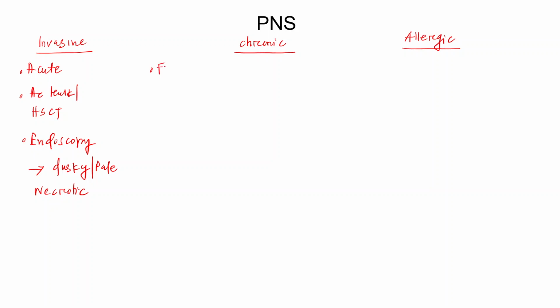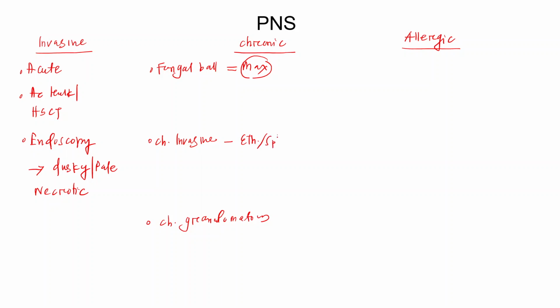Chronic, again, they can have a fungal ball, or it can be of chronic invasive type, or it can be of chronic granulomatous type. Fungal ball is more common in the maxillary sinus, but the invasive form is more common in the ethmoid or sphenoid sinus, not the maxillary sinus.